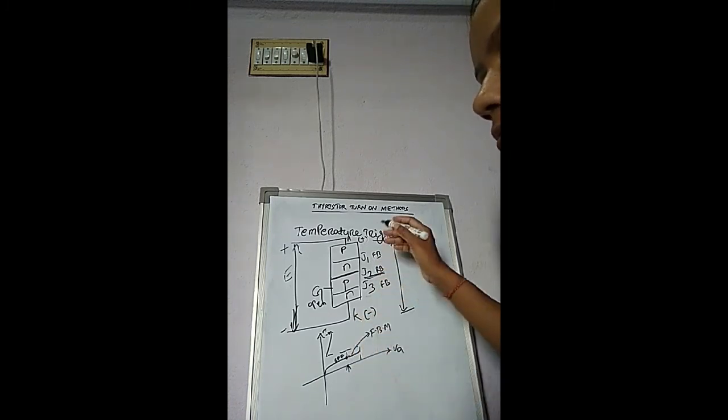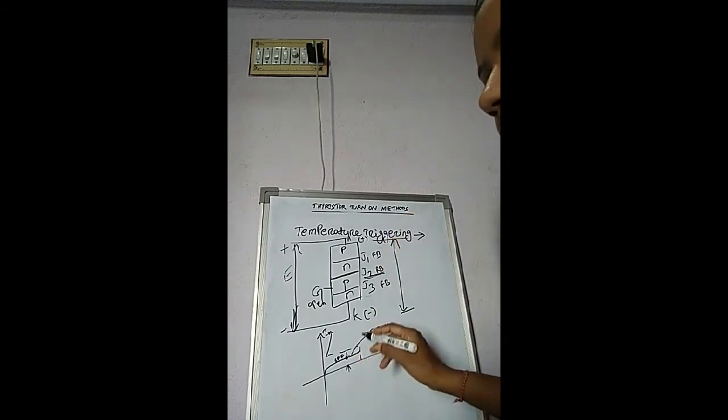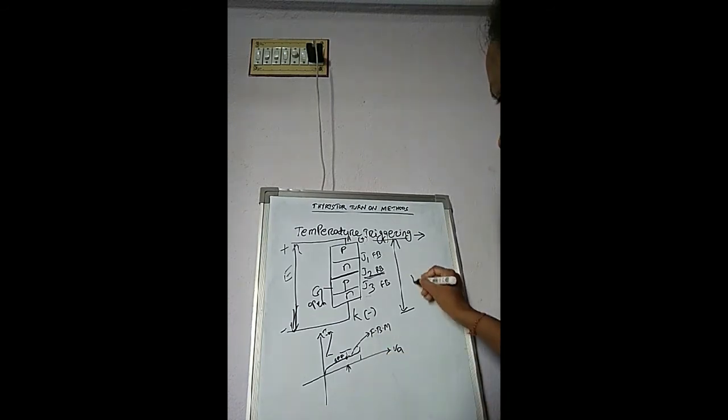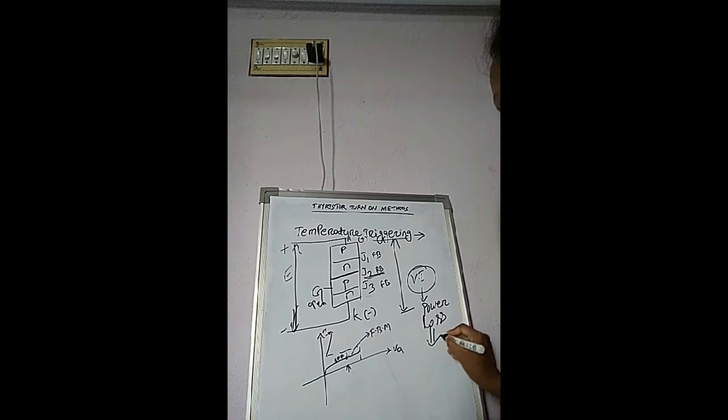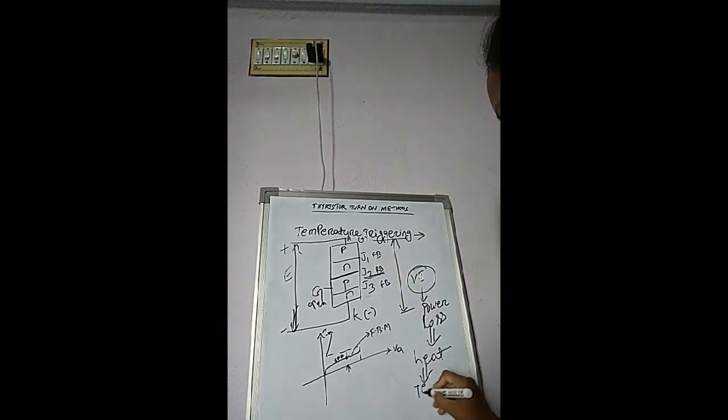So the voltage across junction J2 associated with this current may raise the temperature at this junction, because the voltage and current product gives you the power loss, that is the formation or dissipation of heat. Due to this heat, temperature rises.